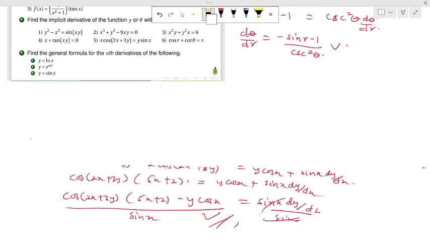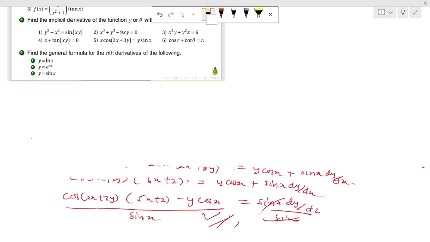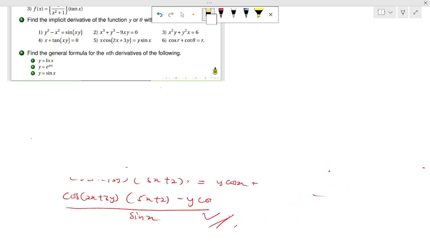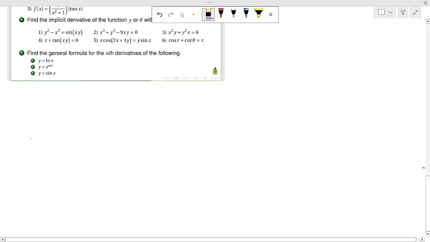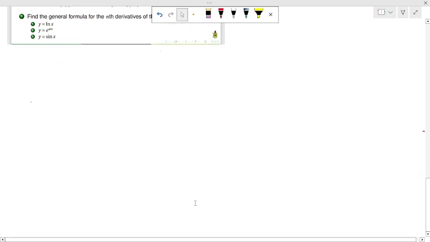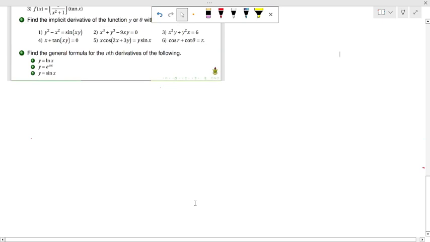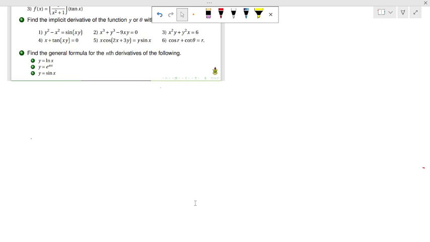So see, we are starting with the nth derivative of the natural log of x. So let's see how we do that.